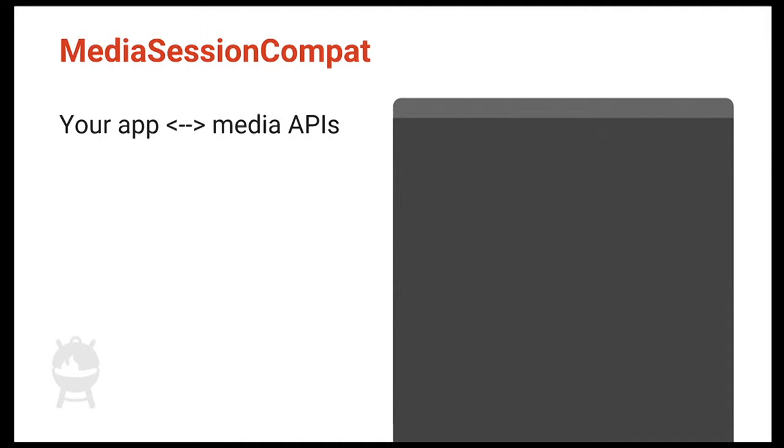Now, MediaSessionCompat does a lot. It's actually based on a Lollipop addition called MediaSession, funnily enough. And it's our entry point between our media app and all of the media framework APIs. So all of the things that we're going to talk about shortly are all tied into this one object.